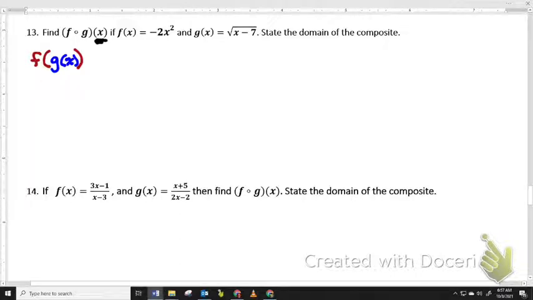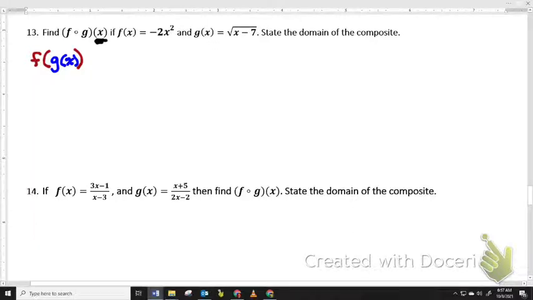Are there any problems with things that could be inputs for f of x? No. Are there any problems with things that could be inputs for g of x? Can't be negative. Our radical can't be negative. So what values of x would make it a negative under the radical?